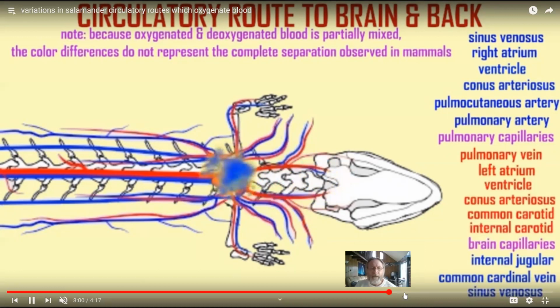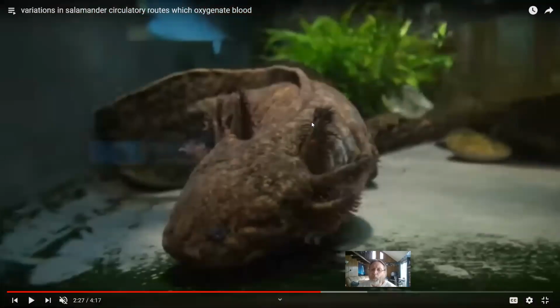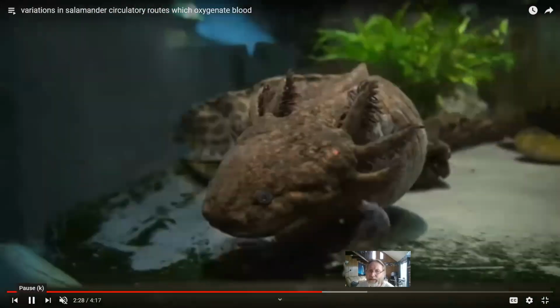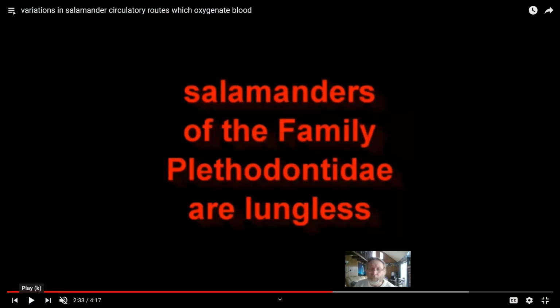Now, once again, there are variations in salamanders, as I mentioned. Here you can see one that, as an adult, remains aquatic and therefore still retains those external gills. The most common salamanders in the Northeast United States, in the state of New York, Pennsylvania, are the family Plethodontidae. They have no lungs.